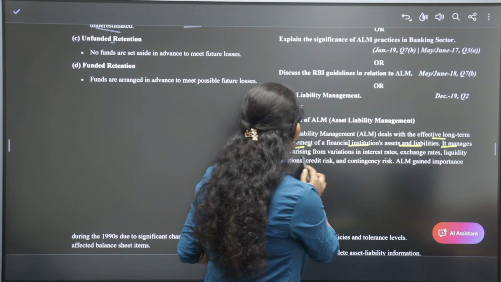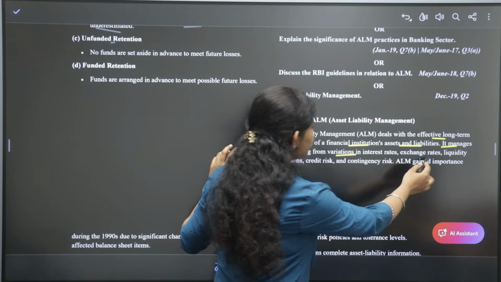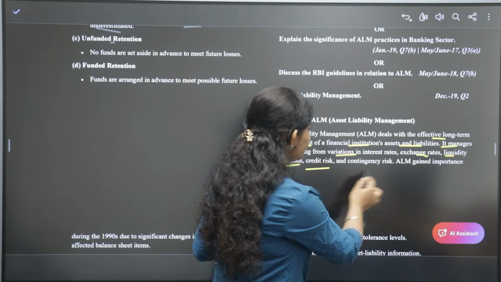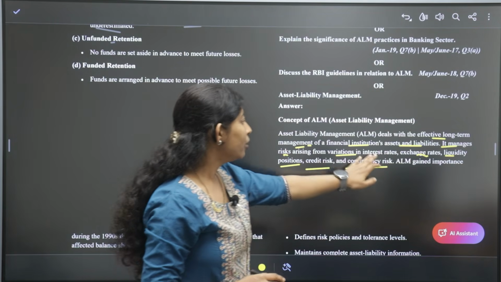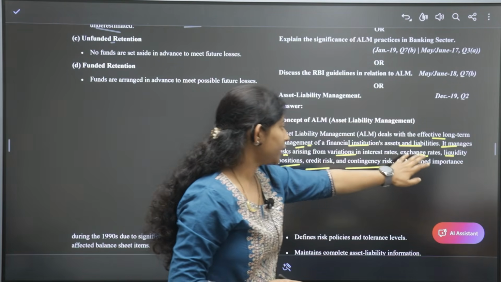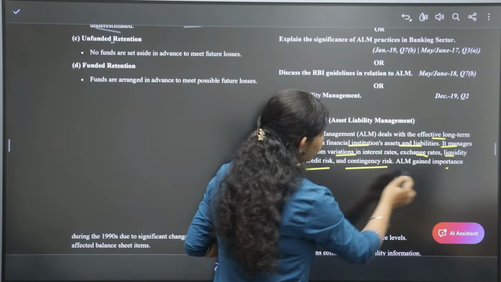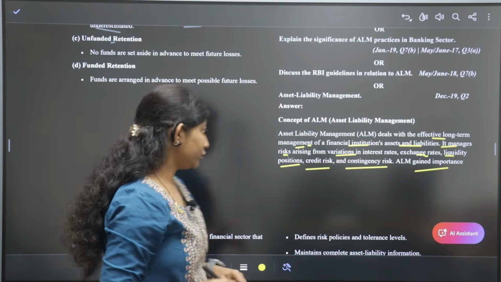It manages risk arising from variations in interest rate, exchange rate, liquidity position, credit risk and contingency risk. So it will help you manage the risk from all these aspects.